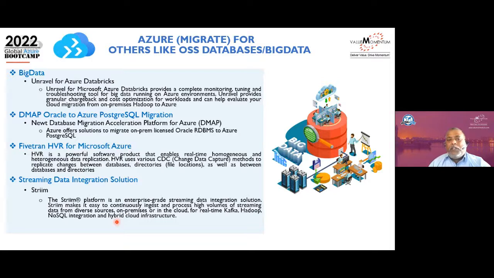So we have homogeneous and heterogeneous data replication options in Azure Migrate, and streaming data integration solutions, which make it easy to continuously ingest and process high volumes of streaming data. Like on-premises to cloud, real-time Kafka, Hadoop, NoSQL integrations, and hybrid cloud infrastructure.